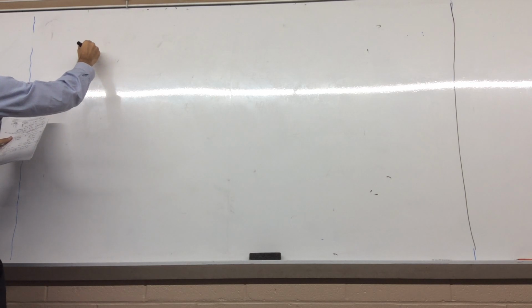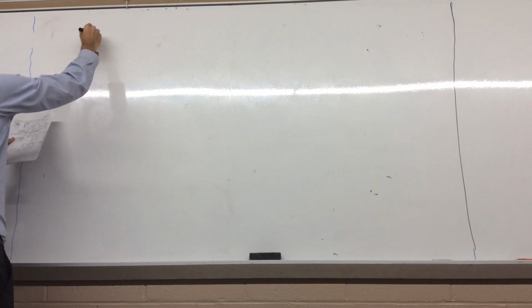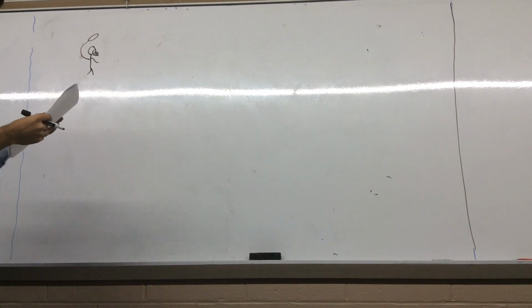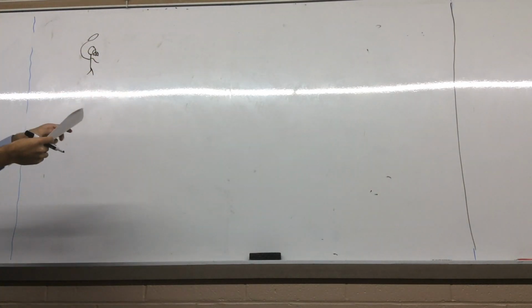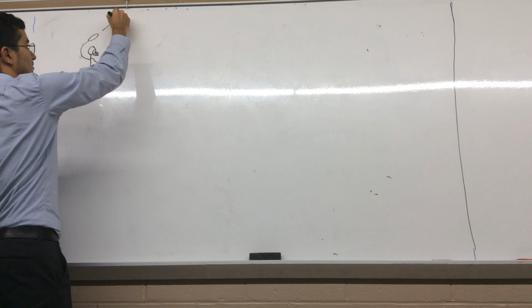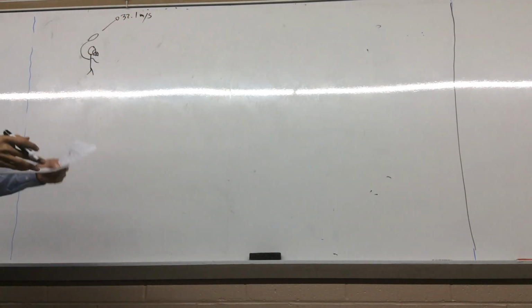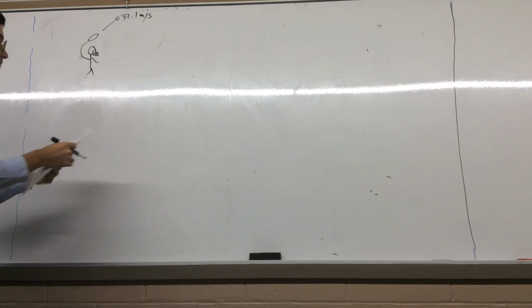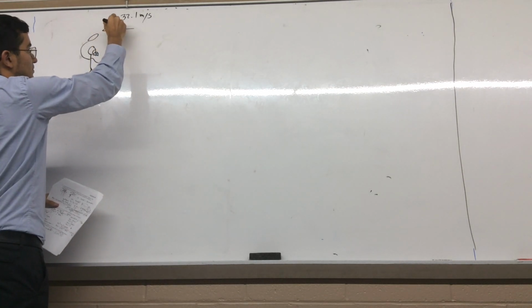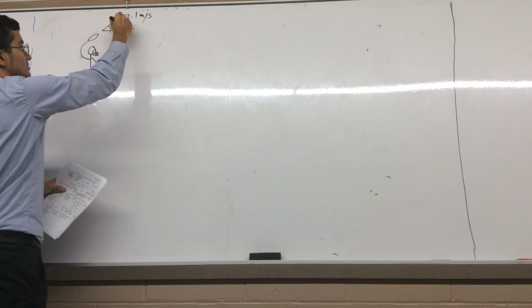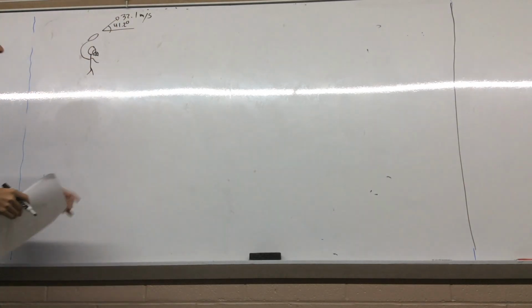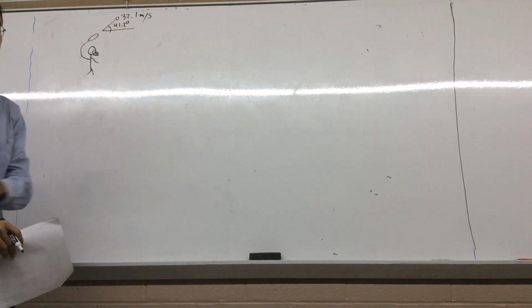This is a quarterback. A quarterback throws a football at a speed of 32.1 meters per second. That's the magnitude of the velocity. The angle is 41.2 degrees, with respect to the horizontal.